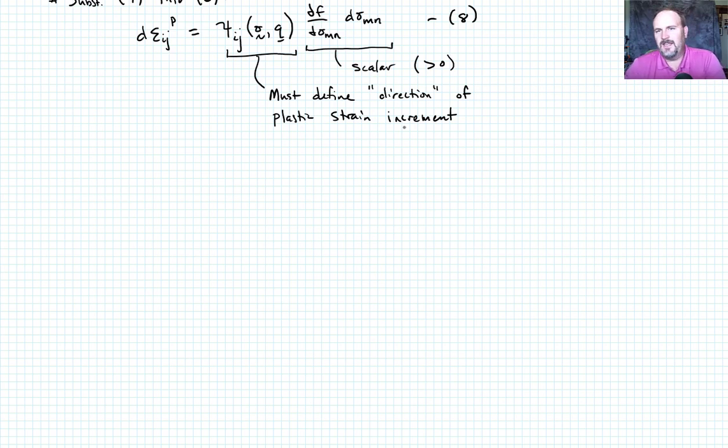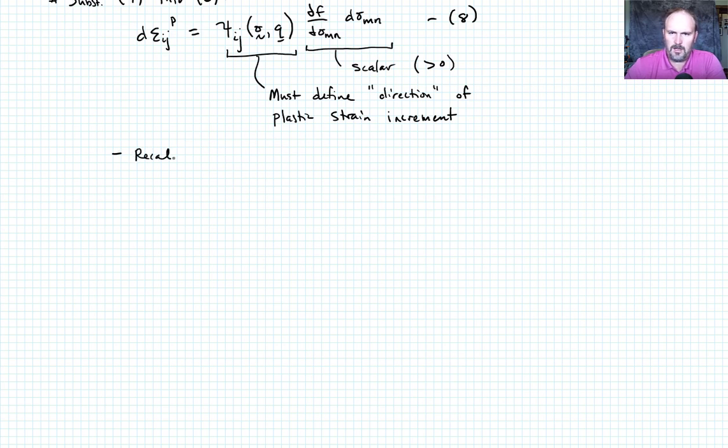Why do I want to say that? Well, if you remember in the last lecture, what we talked about was that during plastic deformation, it has been demonstrated experimentally that the plastic strain increment is normal or orthogonal to the yield surface at whatever point sigma and q we're at. So, okay, let me write that down.